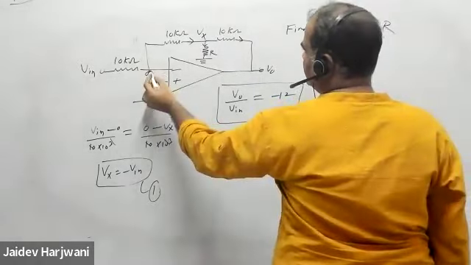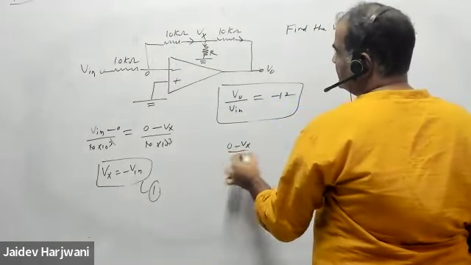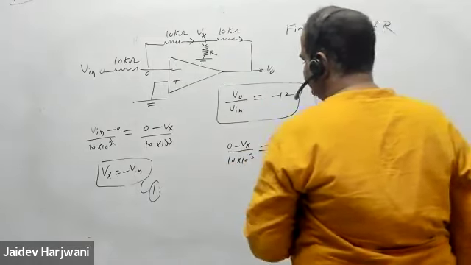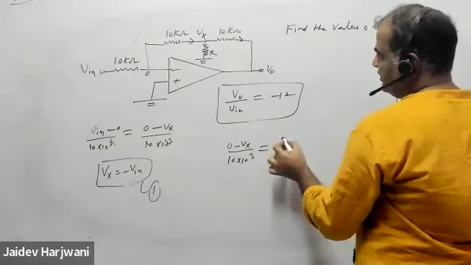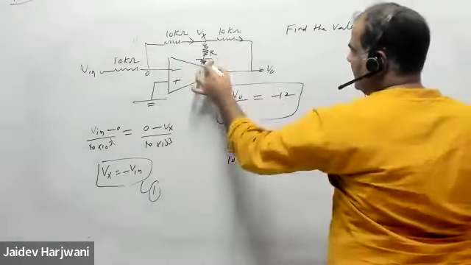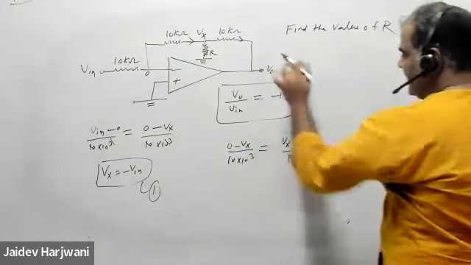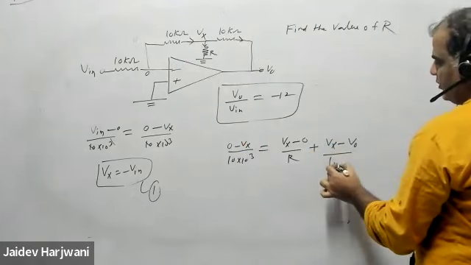So incoming current, I'm saying this one, 0 minus Vx upon 10 kilo ohm is equal to outgoing current, Vx minus 0 by R, plus Vx minus V naught upon 10 kilo ohm.